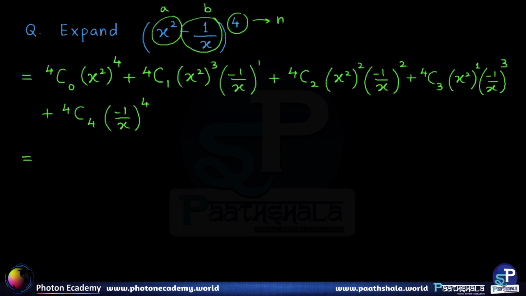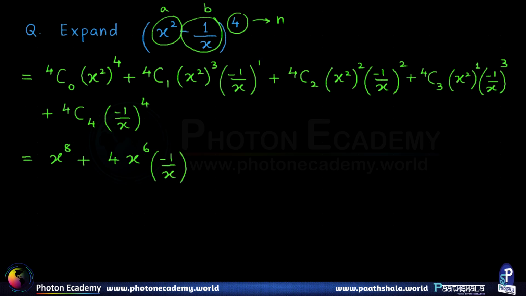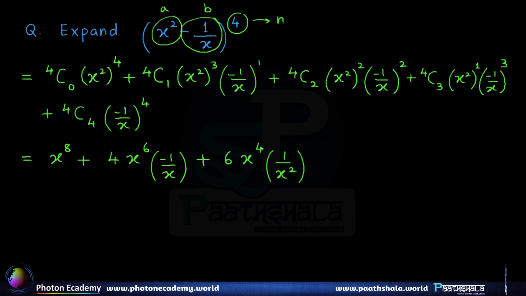So simplifying that further, since 4C0 and 4C4 both are 1, no need to write them. (x square) raised to 4 becomes x raised to 8, plus 4C1 is 4, then (x square) the whole cube is x raised to 6 into minus 1 upon x, so we write it as it is, plus 4C2 is equal to 6, (x square) the whole square is x raised to 4 into (minus 1 upon x) the whole square becomes plus 1 upon x square, then 4C3 is the same as 4C1.